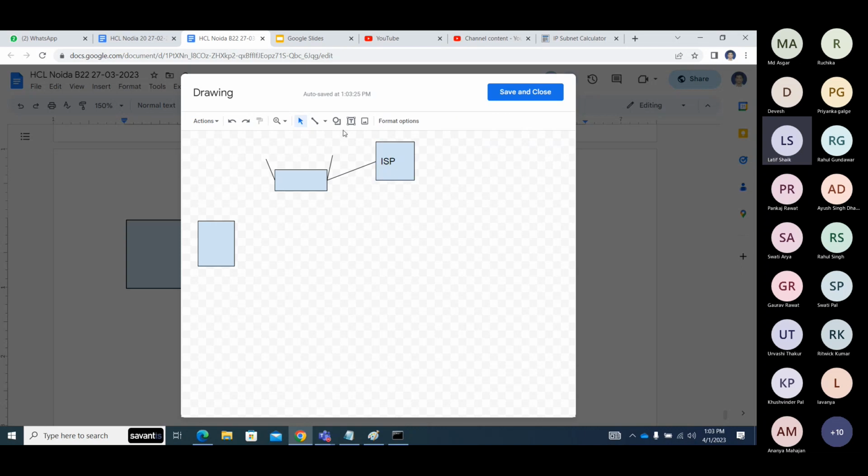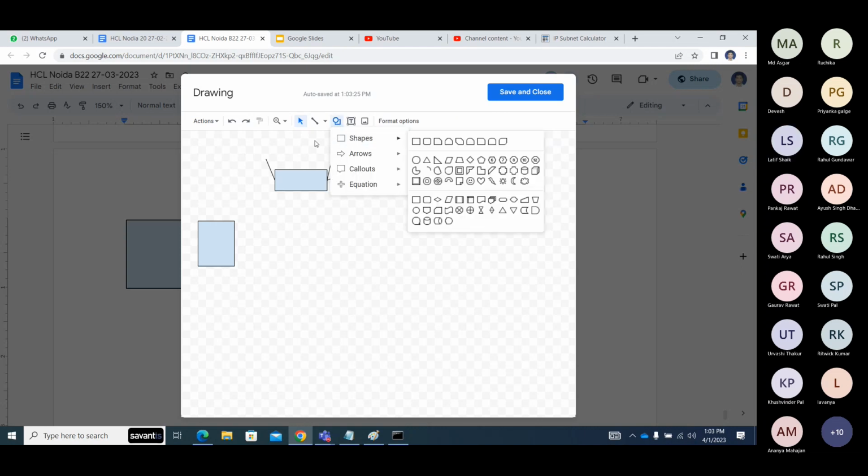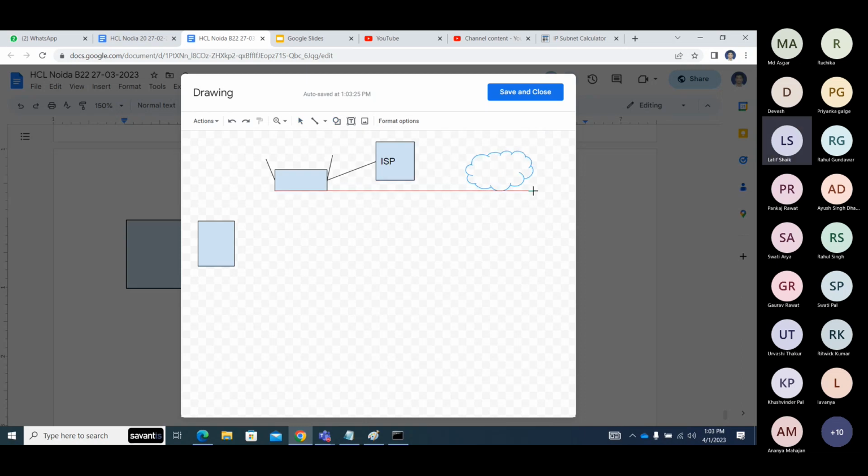This ISP makes me connected to the internet. Normally we have to use a modem and all these devices, but this is our Wi-Fi router, which acts as a Wi-Fi access point, router, and modem. So this is my Wi-Fi.